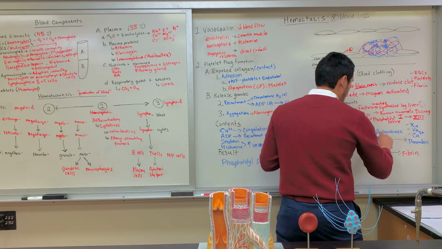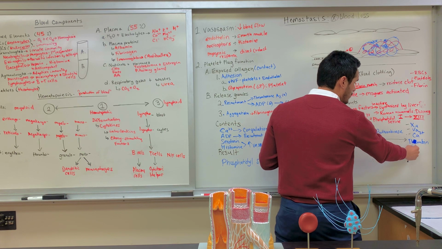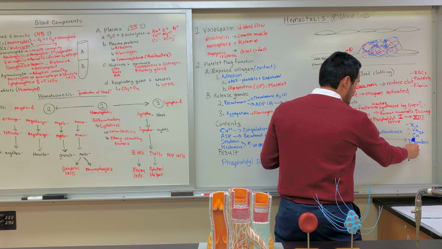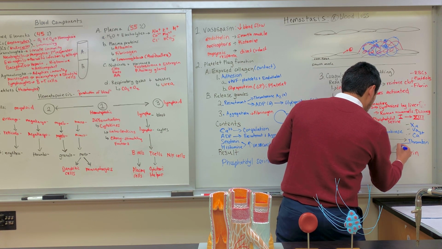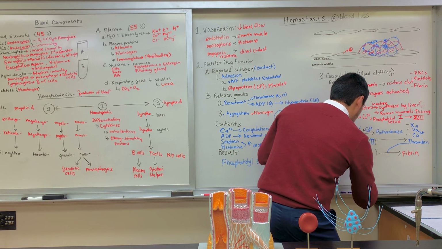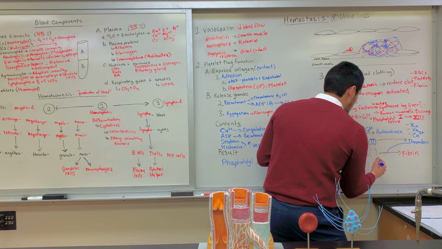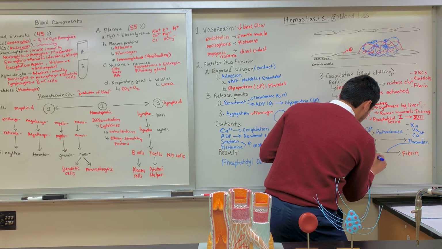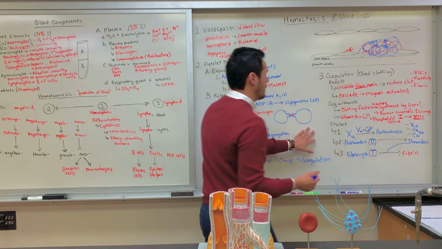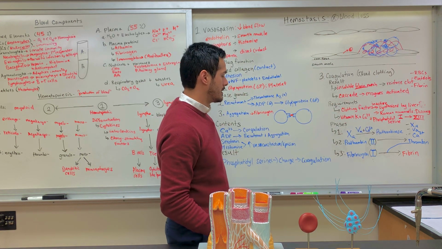Okay, so after prothrombinase converts prothrombin into thrombin, thrombin is what's going to be used over here. It's going to come over here, and it's what's going to convert fibrinogen into fibrin. Fibrinogen is the first clotting factor.